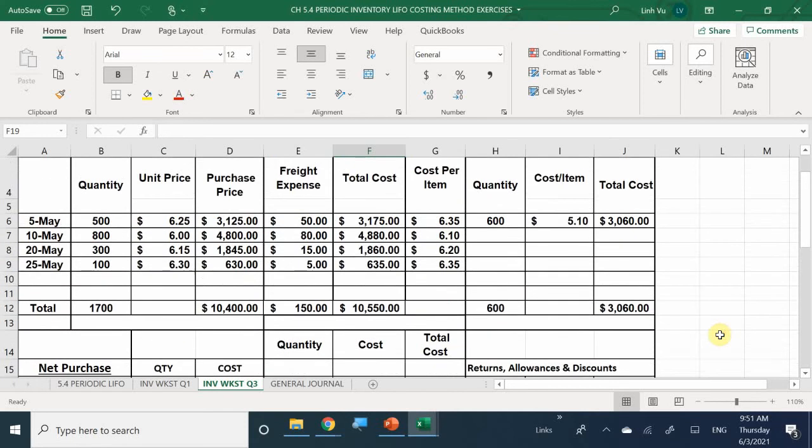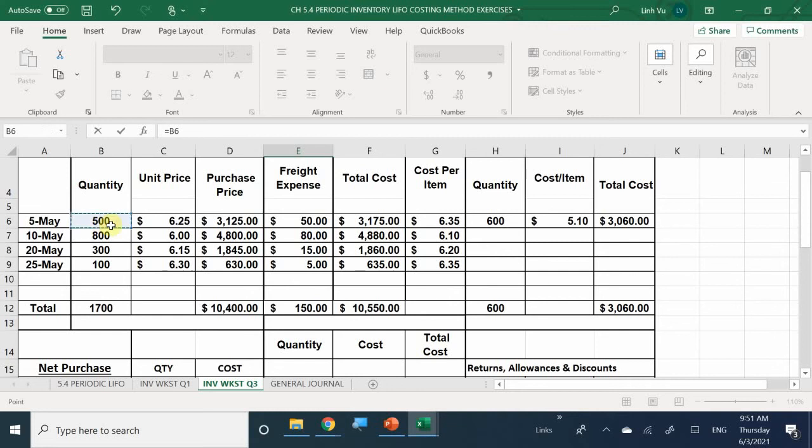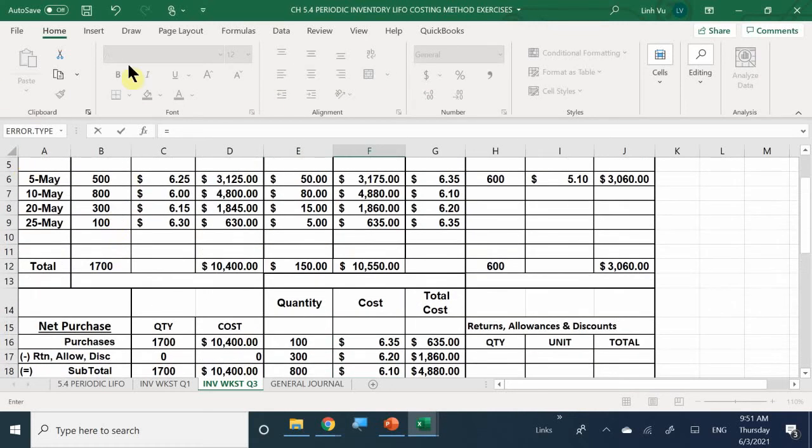What's next? We only have one batch left in our purchases. Are we going to take all of it or use some of it? We're going to take all of it. So we're going to take all 500 units there, which we know costs $6.35 here.